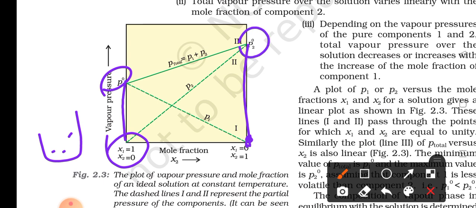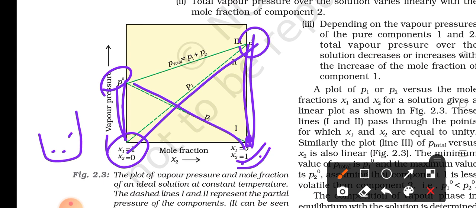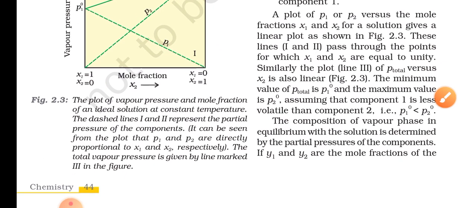Why is p1 naught less than p2 naught? Because liquid 2 is more volatile, so its vapor pressure is higher compared to liquid 1. The graph will be linear, and the total is p1 plus p2. It's not that tough, just remember that graph.